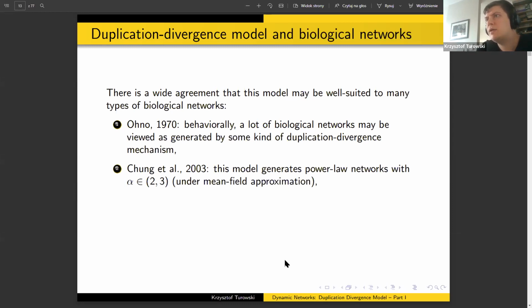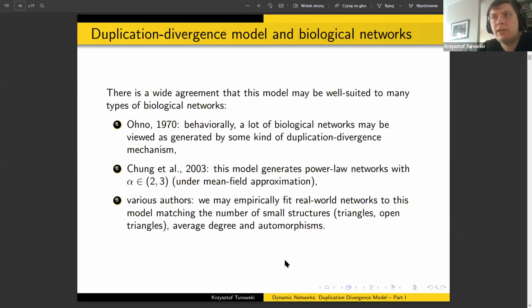They claim they proved, but it was rather a strong conjecture and hand-waving proof than a proof in the formal sense, that indeed this model can generate power law networks with scale parameter between 2 and 3, which again was a very big advantage over other types of models, because, for example, biological networks are supposed to have this scale parameter exactly somewhere between 2 and 3.